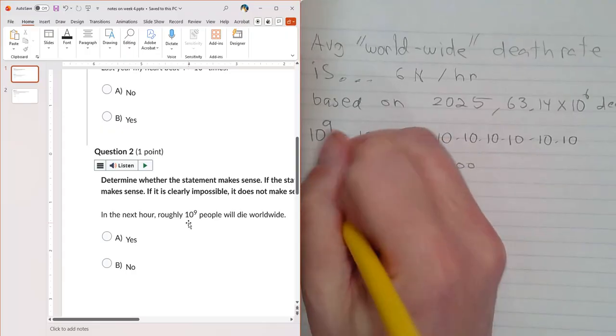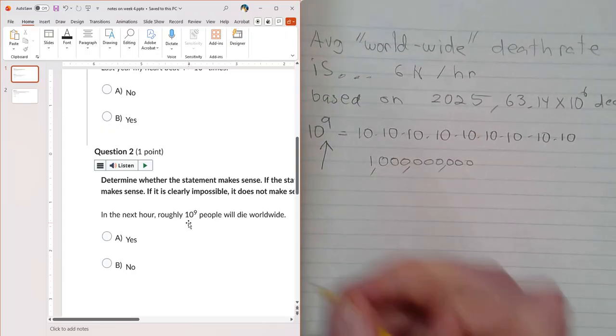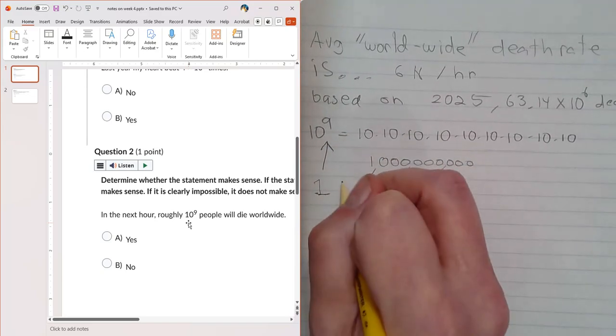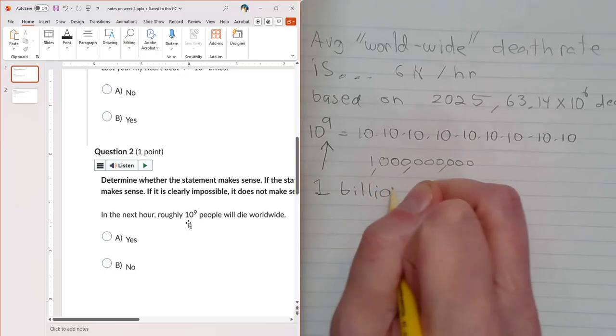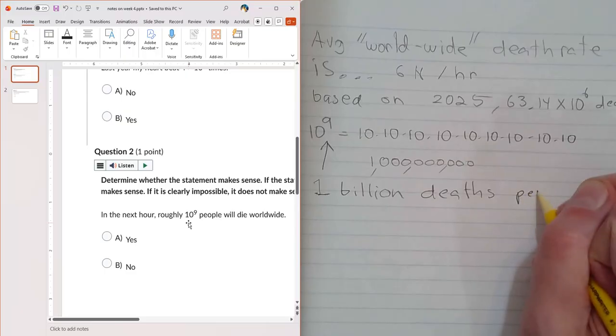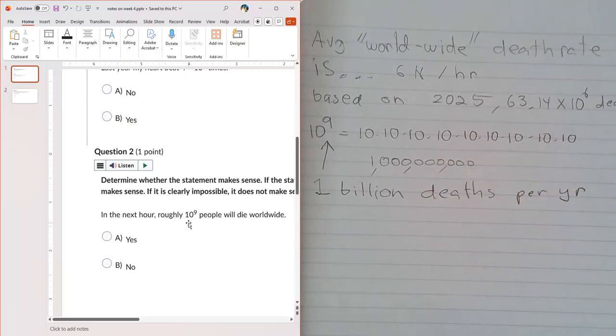Well, that's a billion. That's a billion. 1 billion deaths per year.